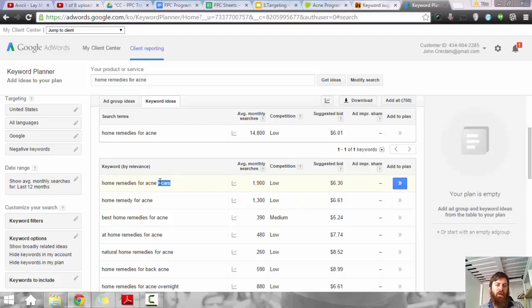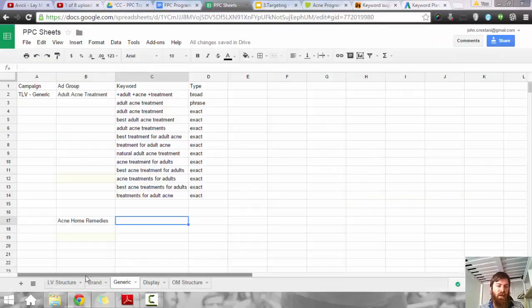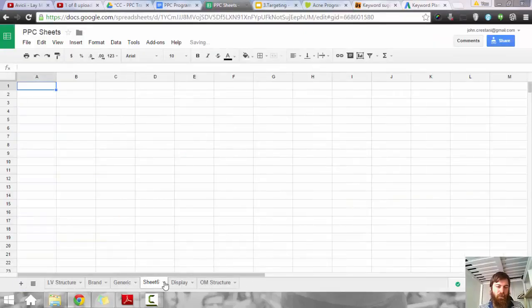So what we're going to do is I'm going to start saying, okay, we're not going after scars. So we're going to start building in some negatives right here. Scars.